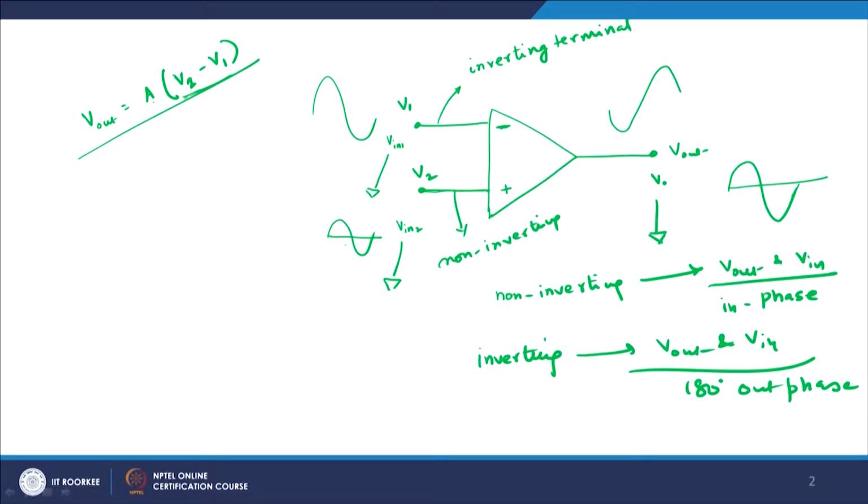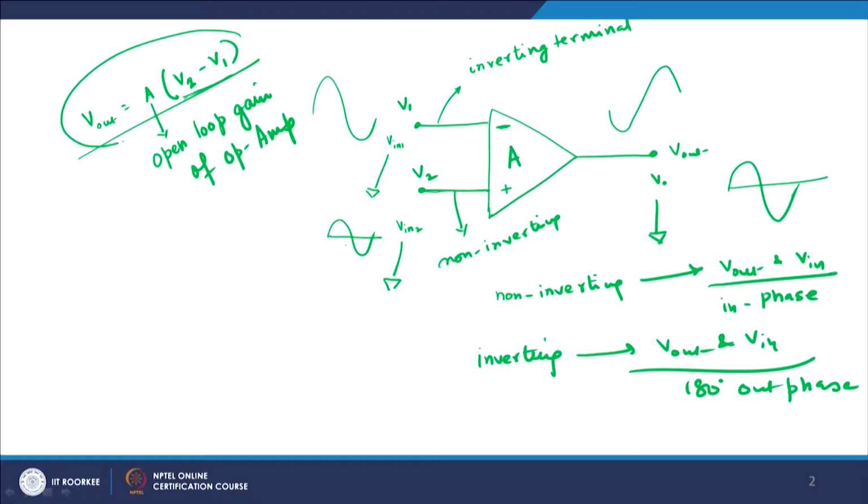A is referred to as the open loop gain of the operational amplifier, which means this is the gain of the differential amplifier within the operational amplifier, and therefore you get V out equal to A times (V2 minus V1). This is the general scheme of things.